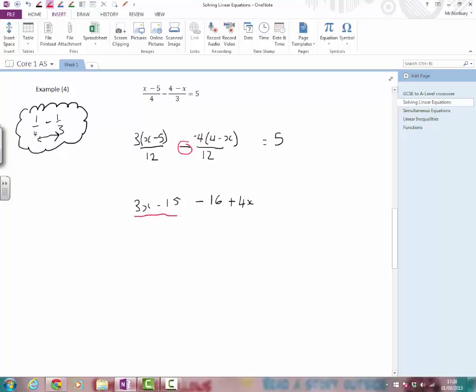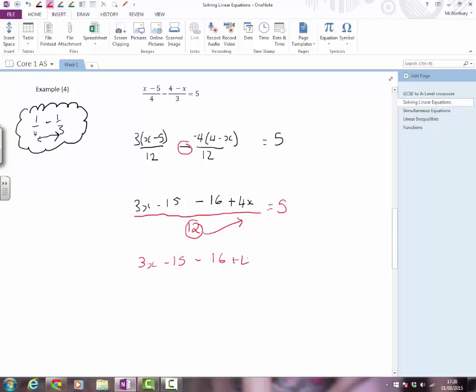And because we've got the same number on the bottom, we can just write this whole thing over 12. Now, okay, what have I forgotten to do? Well, at the moment, what I've forgotten to do is make it equal to 5. Now that I've got the 12 on the bottom, I can just take that across over to the other side, and you get 3x minus 15 minus 16 plus 4x equals 5 times 12, which is 60.